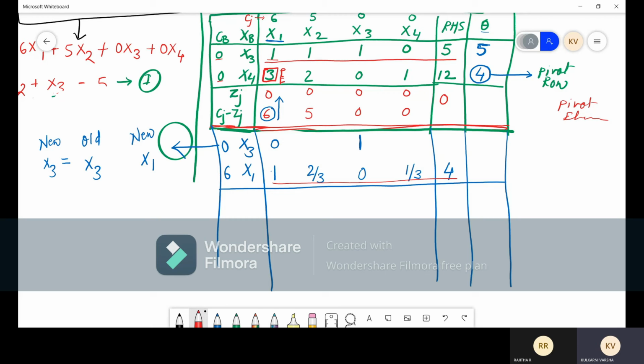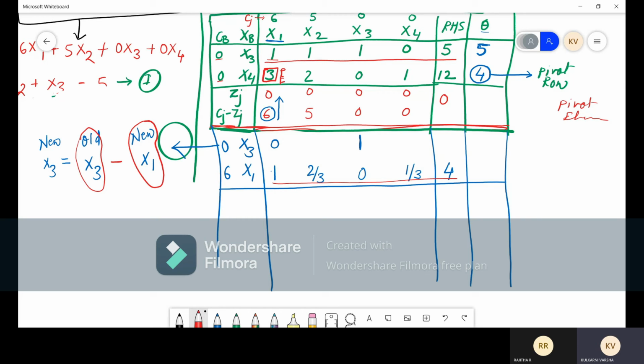Now see where we want 0. Here it's 1, here it is 1. So if you do 1 minus 1, we'll get 0. Okay? So same thing, same minus. If we apply over here, 1 minus 0, we'll get 1 over here. That means if we do a simple subtraction, from the old x3 variables, if you subtract the new x1 variables, we get the desired answers which we are expecting here and here.